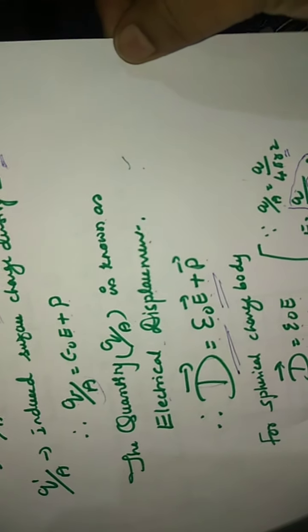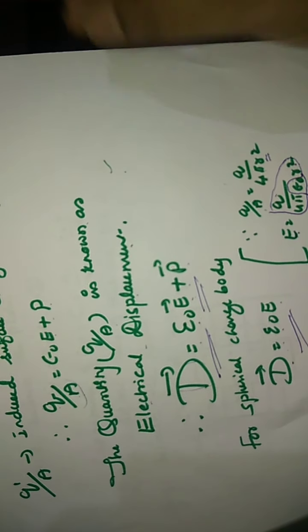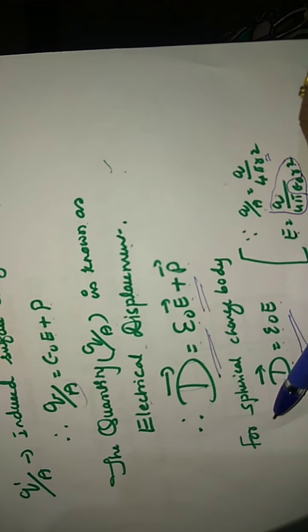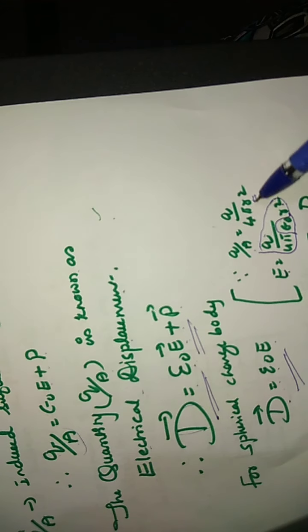Now how are you going to define electric displacement? It is charge per unit surface area. So for a spherical charged body, D will be equal to epsilon naught E. How? Q by A, which is D, is equal to Q divided by 4 pi r square, since the surface area of the sphere is 4 pi r square.